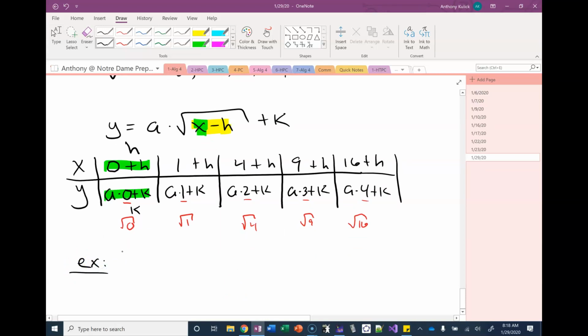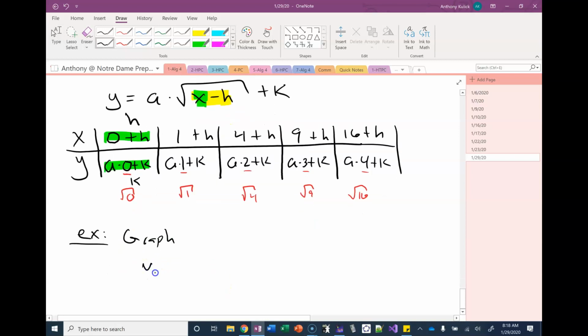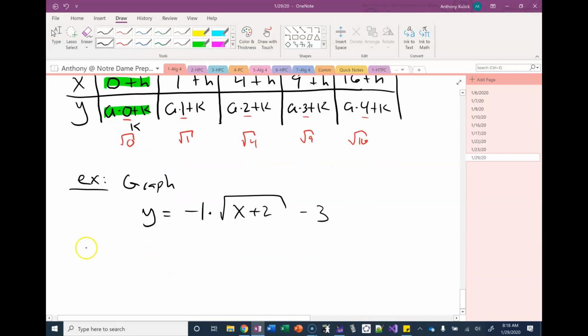So let's look at an example. Let's say we want to graph y equals -1 times the square root of x plus 2 minus 3.